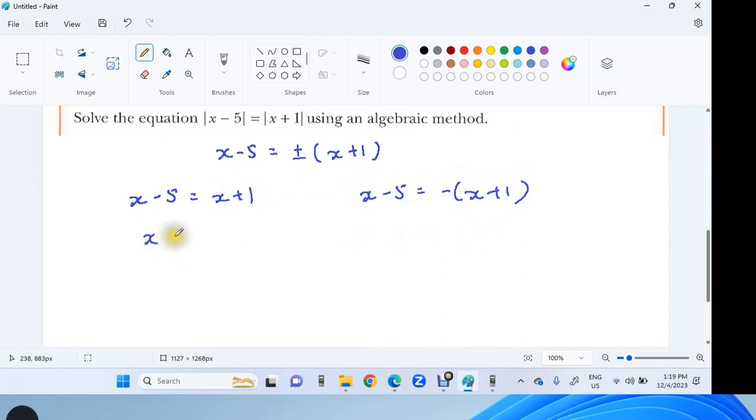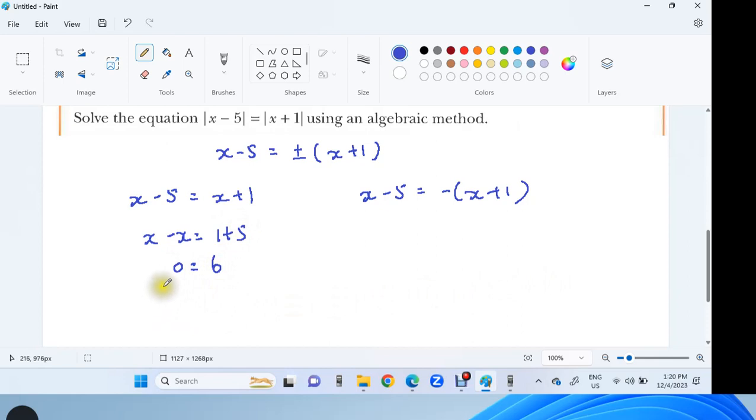From the first, x minus x equal to 1 plus 5, then 0 equal to 6. But 0 is not equal to 6, so this is no solution.